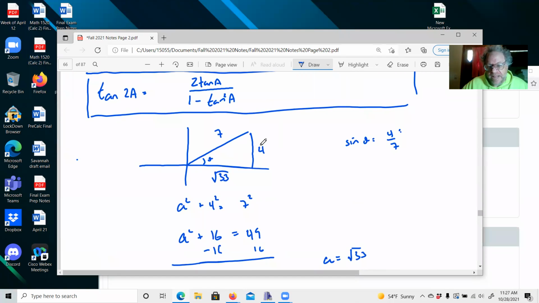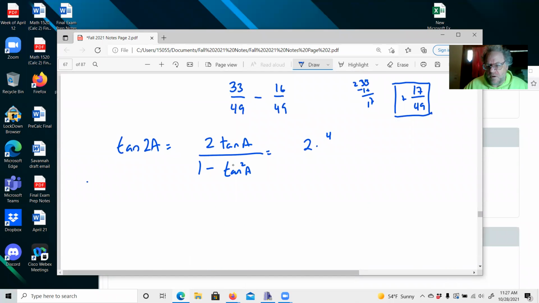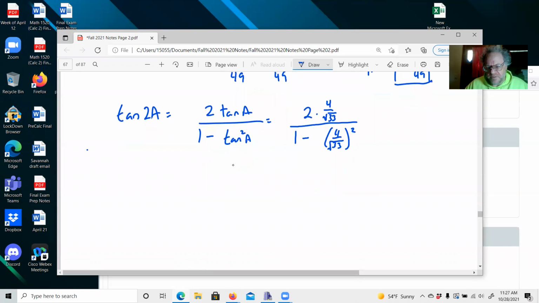Okay, we have tangent as opposite over adjacent, right? So that's going to be 4/√33, all divided by 1 minus 4 over root 33 squared. Okay, so what is this going to be? This is going to be 8 over the square root of 33.